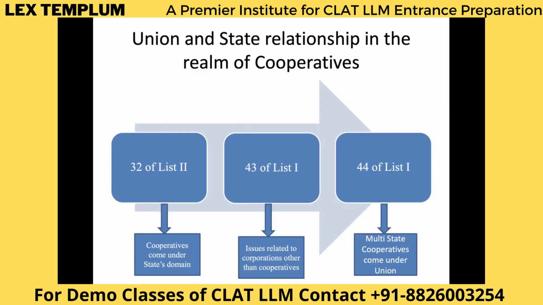They don't mention cooperatives. Okay. And third, entry number 44 of List 1 is a wider provision than entry number 43; it includes entry number 43 and includes other forms of corporations. Multi-state cooperatives can be considered to be included in this entry number 44.